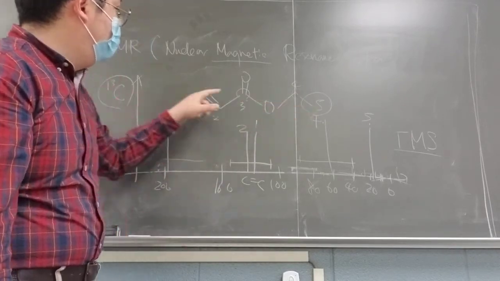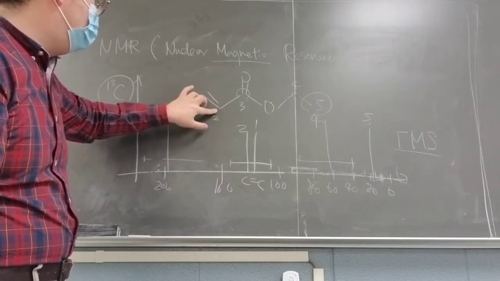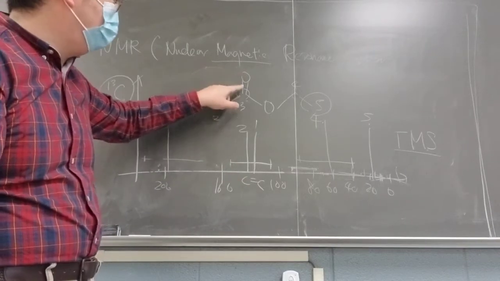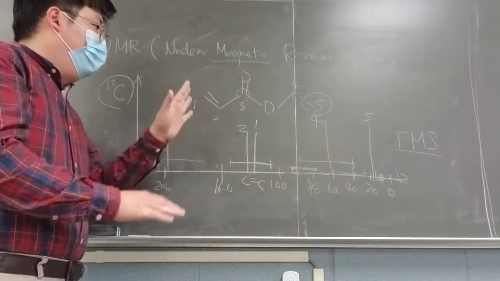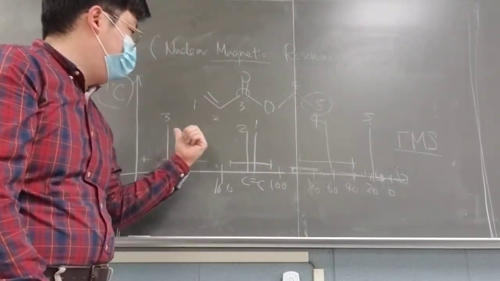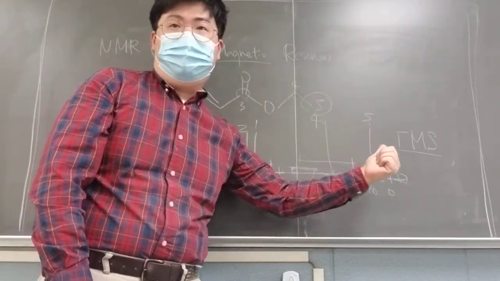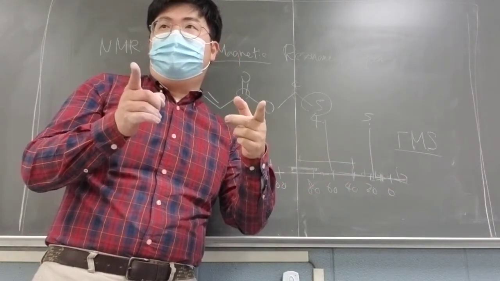This is terminal. This is terminal, but it's the double bond, and 2 is in the same double bond, but close to the carbonyl group. This is right under the carbon with the carbonyl group. So all 5 carbons are slightly in different environments, so they will show you 5 different peaks on the NMR. Okay. Makes sense, right? Good.